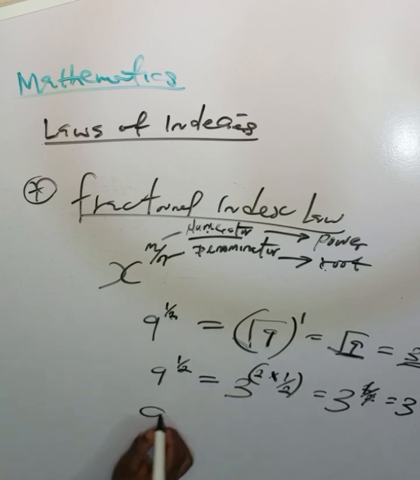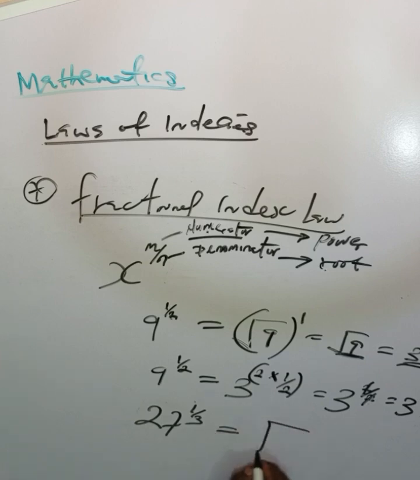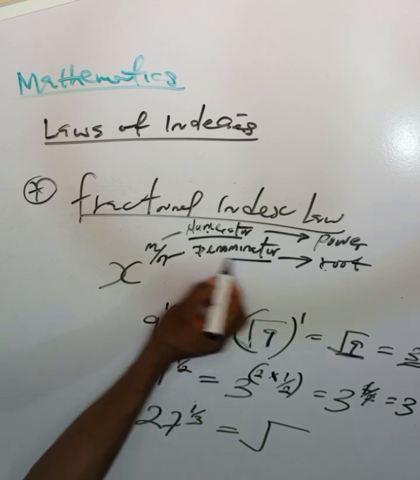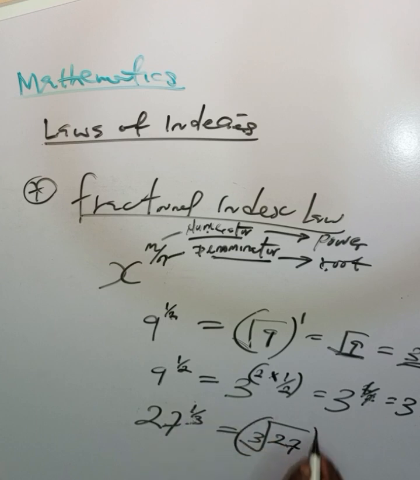If I have 27 raised to power 1 over 3, this becomes cube root, because 3 is the root, the denominator is the root. So the root now is 3, and the root of 3 is called cube root of 27. What is the power? The numerator is the power, which is 1.